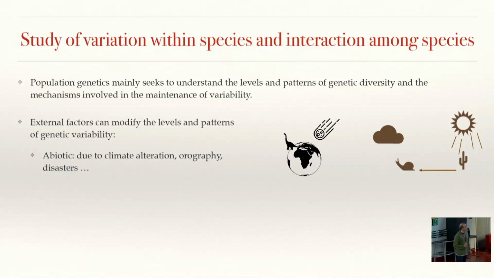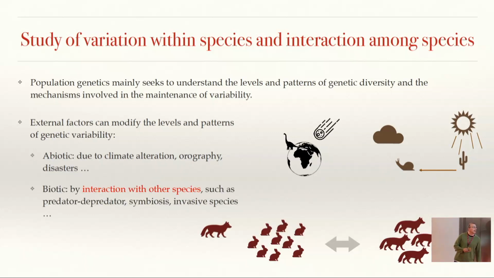These frequencies, or the variability, are affected by external factors, such as abiotic factors, for example, climatic change or disasters, but also by biotic factors, for example, the interaction with other species, such as symbiosis or others.